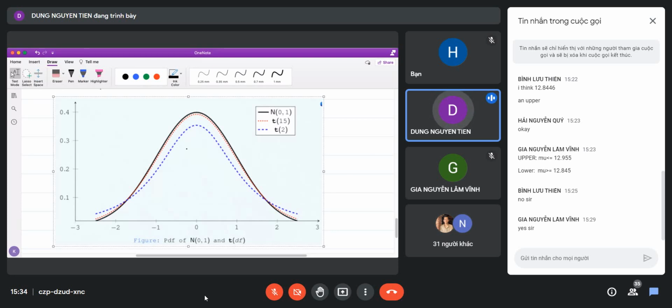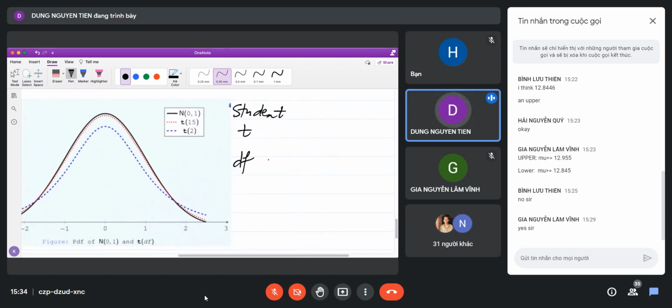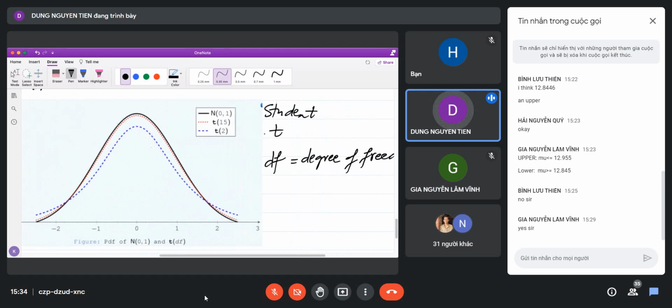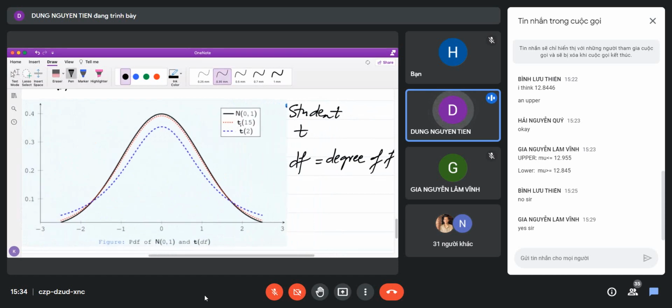There is one parameter in the student distribution. You can call it student distribution, or you can call it a t distribution. It has one parameter which is called degree of freedom. If the degree of freedom is 15, you see that the student distribution is close to the standard normal distribution.